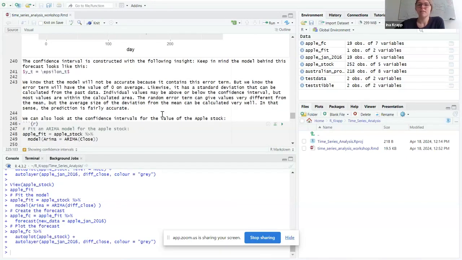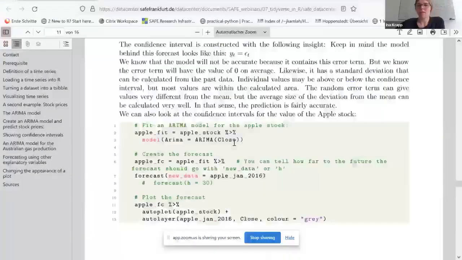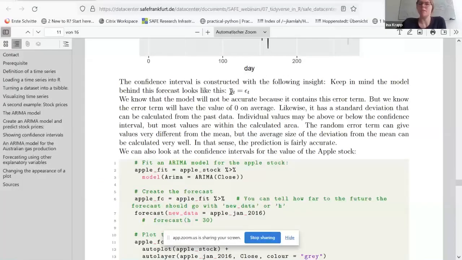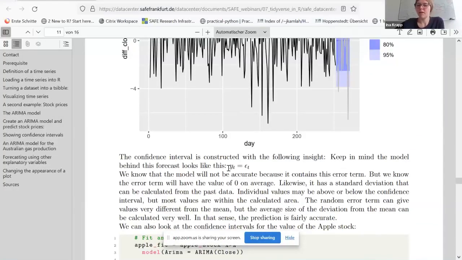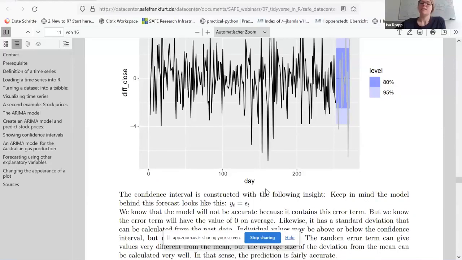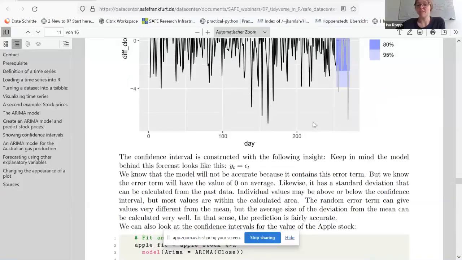Now, the confidence interval is constructed again based on the behavior of the formula. Keep in mind that the model we are looking at is this very simple white noise model. It is argued that yt will simply be equal to this epsilon t. And this is the error term. It will be 0 on average, as we can see here. But it also has a certain positive variance associated with it.